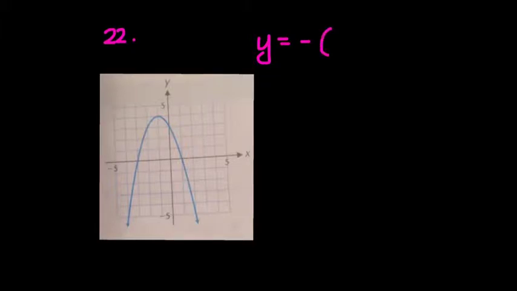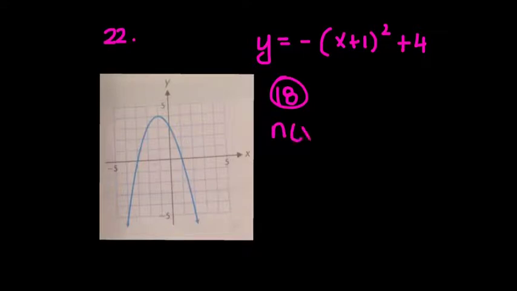To account for the horizontal shift of 1 unit to the left, that would be an x plus 1 quantity squared. And then the vertical shift of 4 units up is plus 4. If I put all of these different elements together, they look like number 18, which is n of x equals the opposite of x plus 1, quantity squared, plus 4.